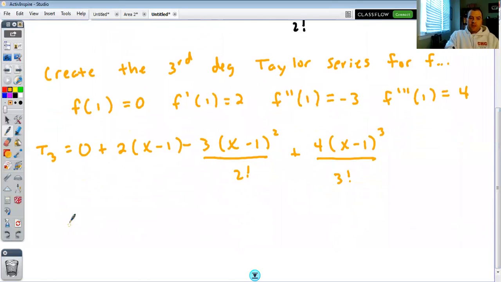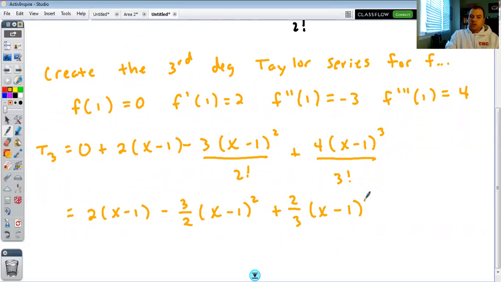And then I'm going to simplify this down, so 0 we don't need. I'll keep it as 2 times x minus 1, minus 3 over 2 times x minus 1 squared, and then plus 4 over 6, so that's 2/3 x minus 1 cubed. And there's our third degree Taylor series.